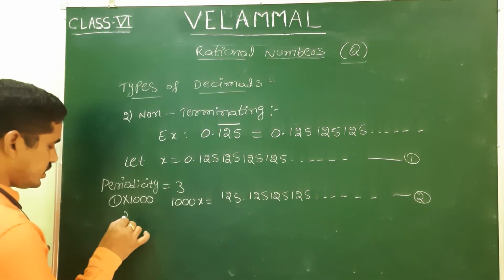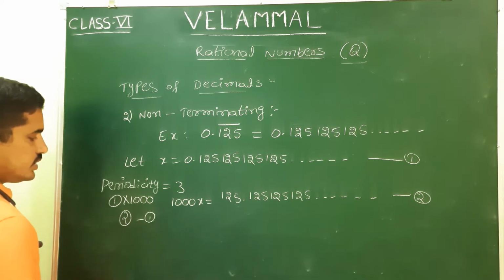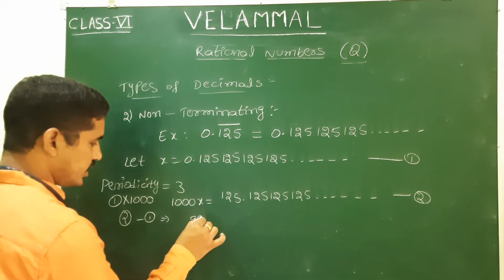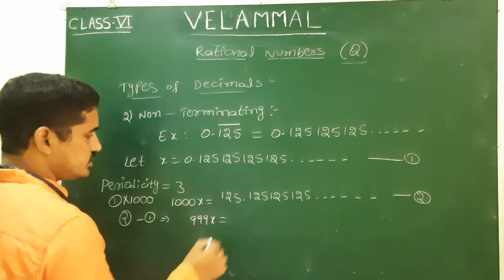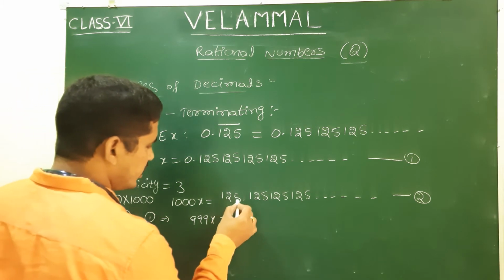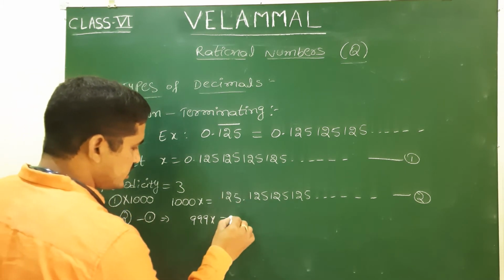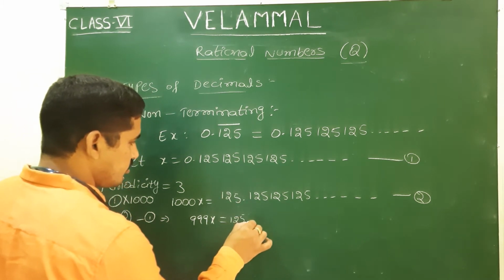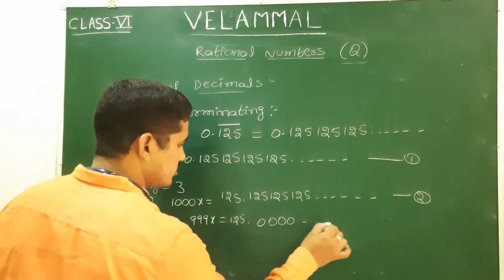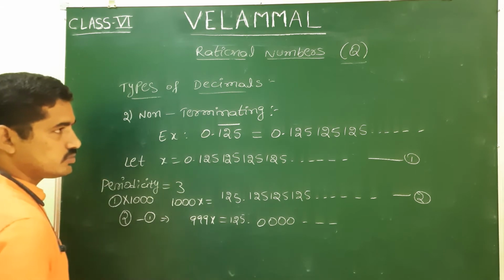Now if we do equation 2 minus 1, then 1000x minus x is 999x is equal to 125 as it is, and these will all become zeros.